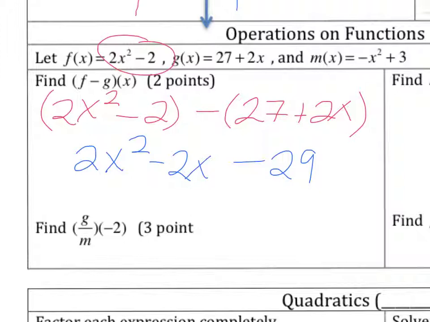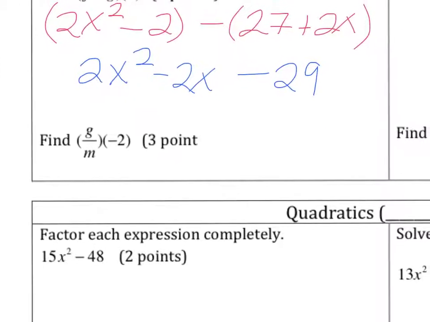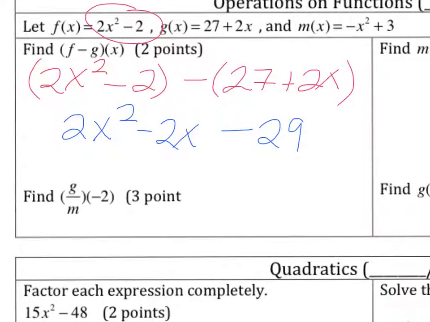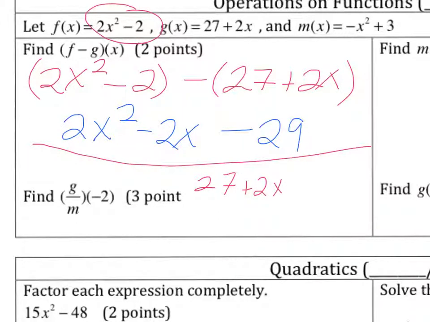My next one is based on dividing two functions and plugging in a value. So we've got g over m, so that's 27 plus 2x over negative x squared plus 3.